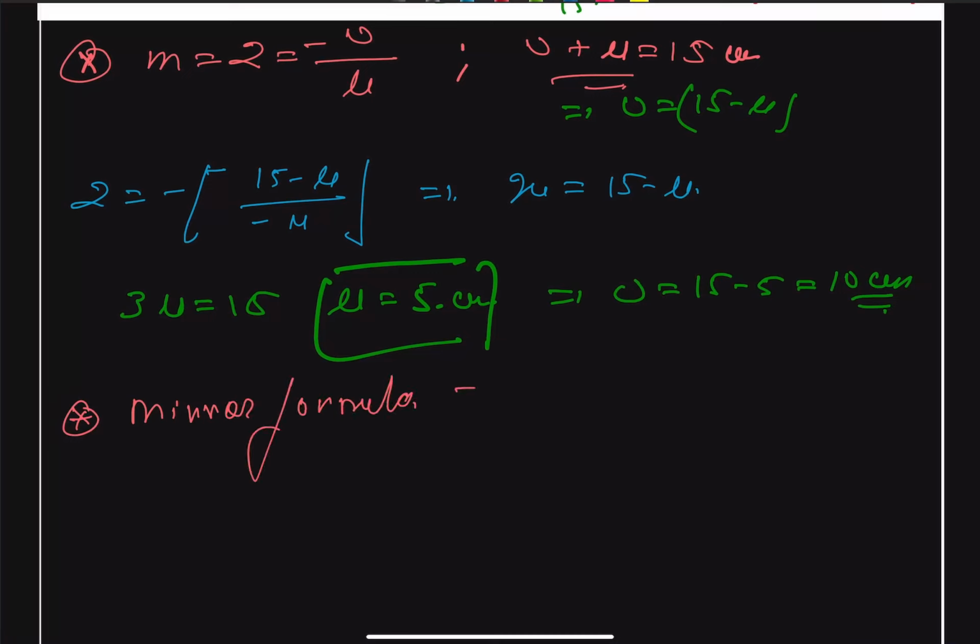Mirror formula gives us 1 upon f is equal to 1 upon v plus 1 upon u. V is our 1 upon 10, plus u is our 5.